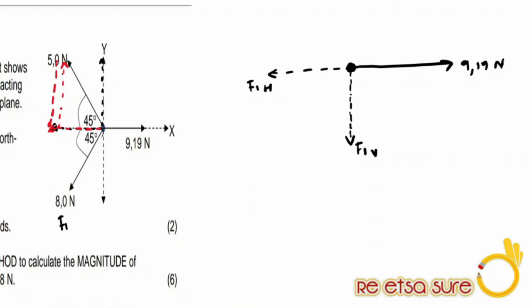So obviously for this one, let me just call it F2. I'm just going to have F2 vertical and F2 horizontal.